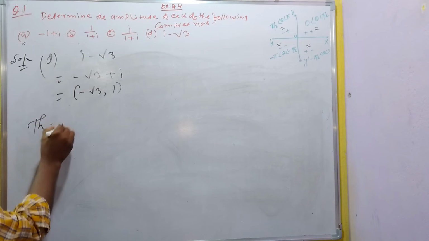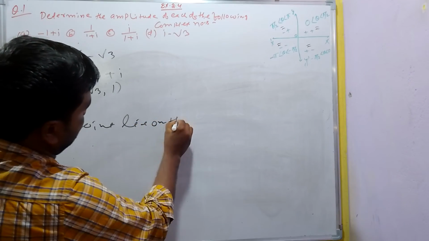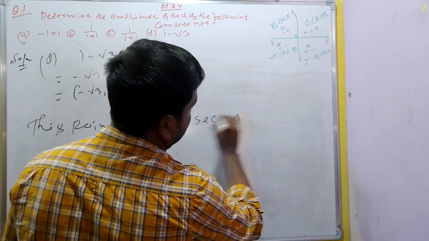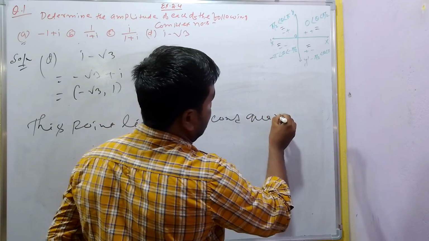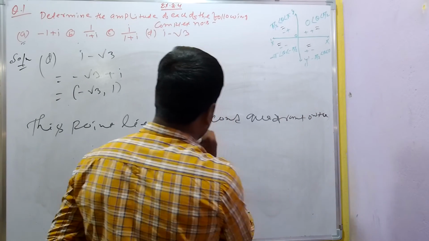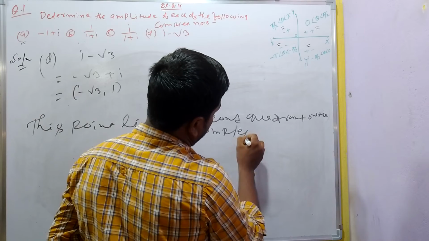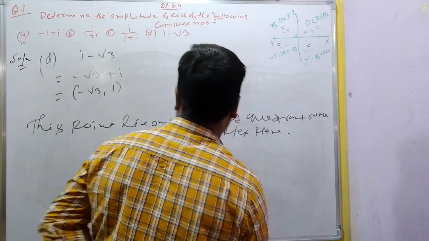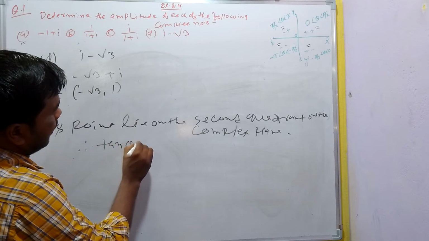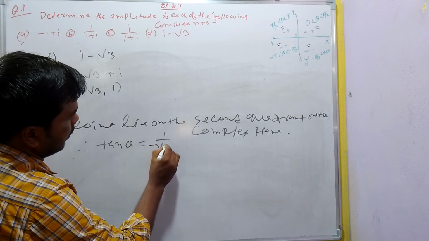This point lies on the second quadrant on the complex plane. Therefore, you have to write tan theta equals 1 by minus root 3.